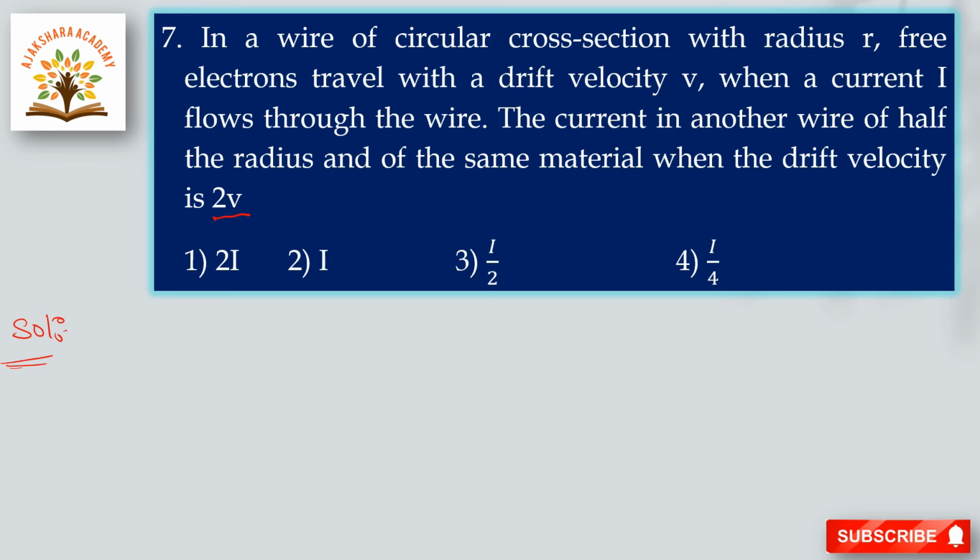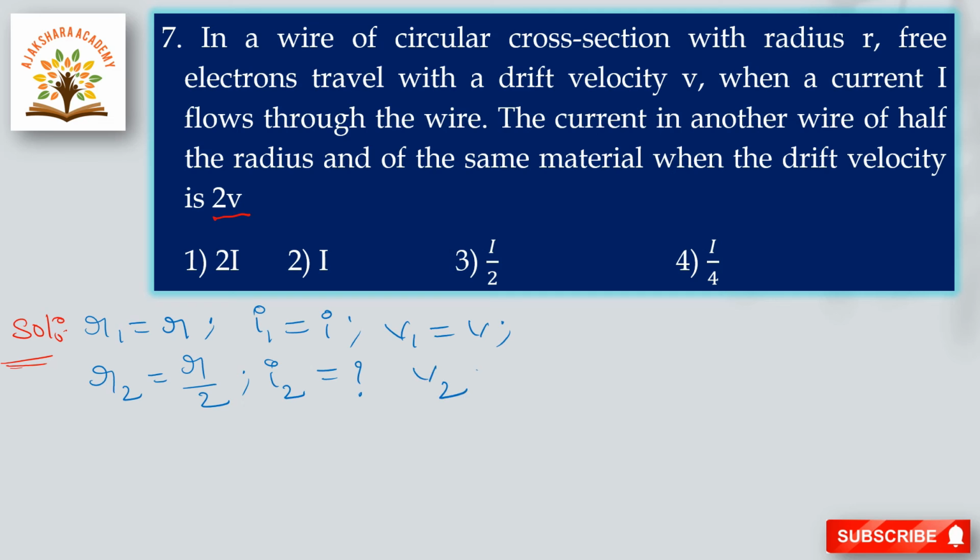Given R1 is equal to R, I1 is equal to I, V1 is equal to V, and R2 is equal to R by 2, I2 is what we have to calculate, V2 is equal to 2V.